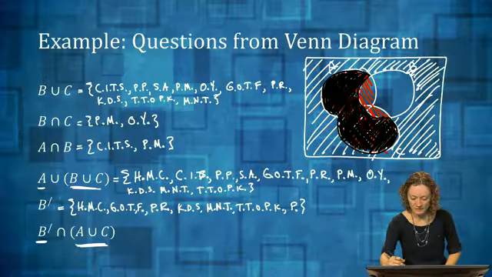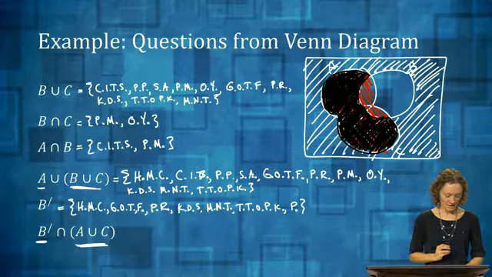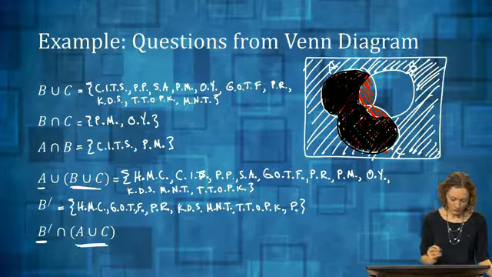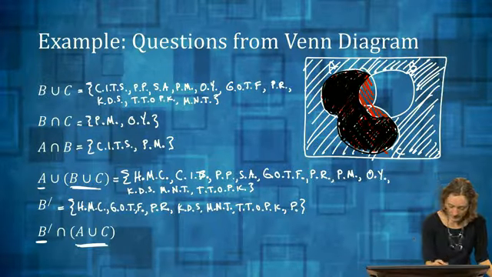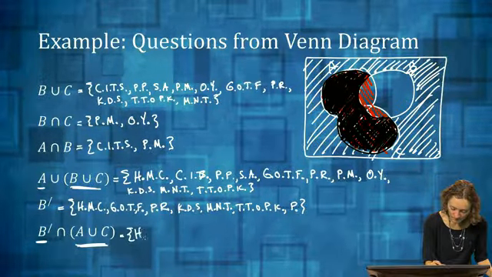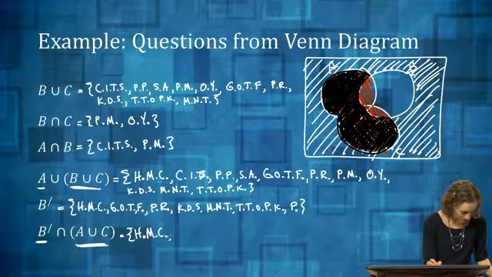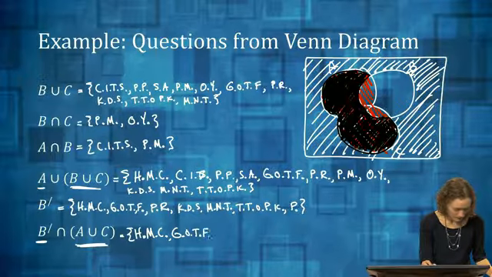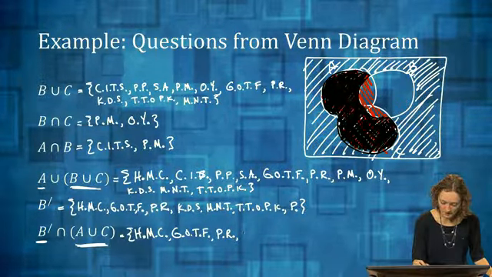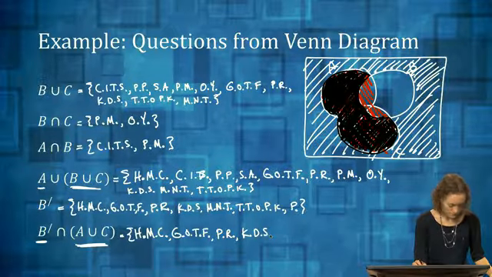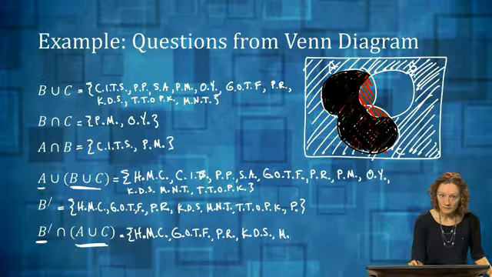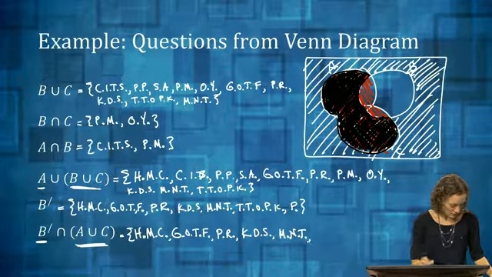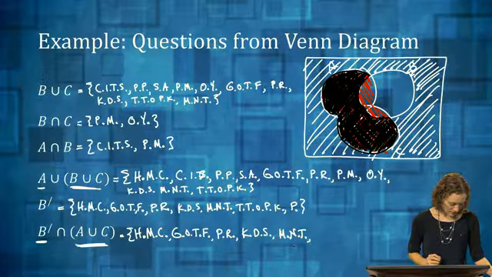So we pull all of the elements that fall into this region right here. So it looks like we get Howl's Moving Castle, Grave of the Fireflies, Porco Rosso, Kiki's Delivery Service, My Neighbor Totoro, and The Tale of Princess Kaguya.